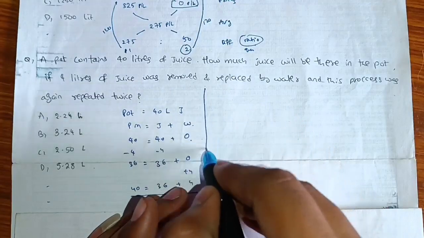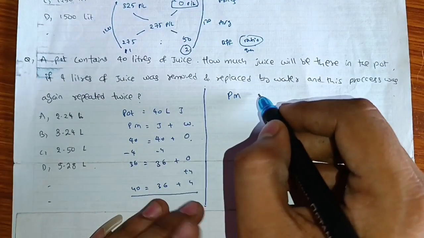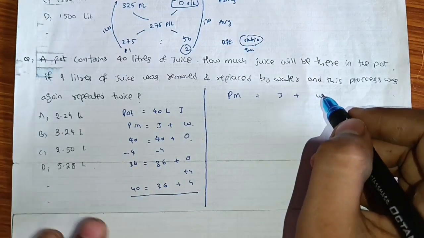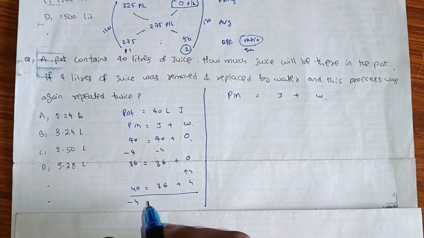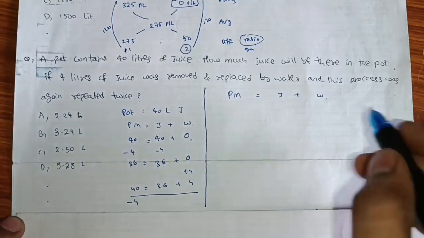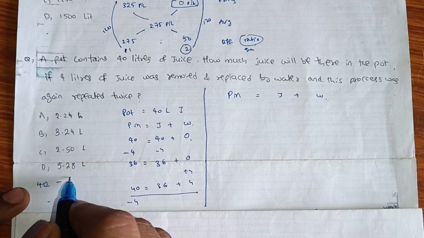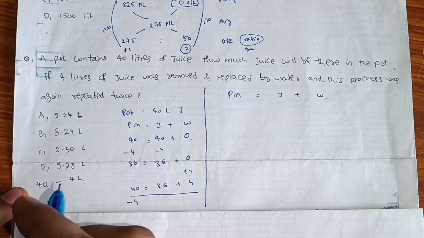Let us write the data here: the pot mixture is made up of juice and water. Here, from the 40, 4 liters are going to be removed. Observe carefully.